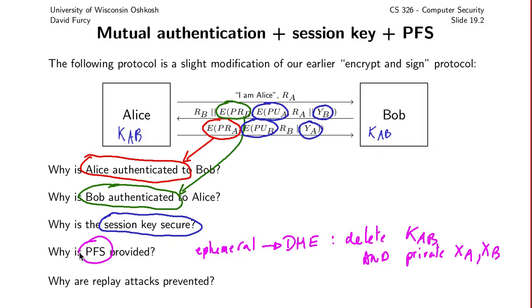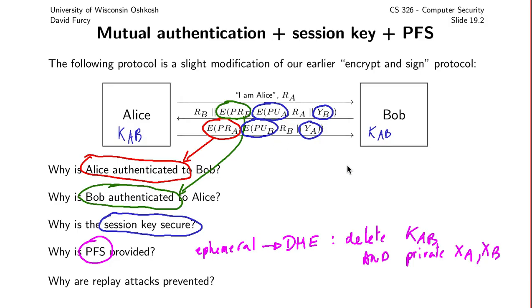This means that any attacker that recorded those messages and is willing to wait long enough into the future until they're able to break into, say, Bob's system, won't be able to access the key or the X value, so they won't be able to decrypt any of those session messages that follow.